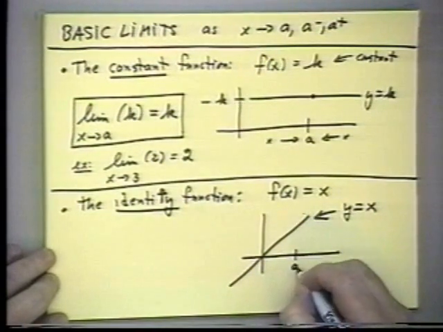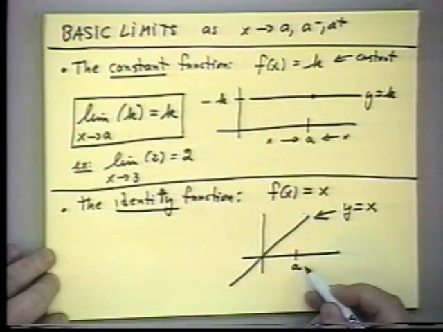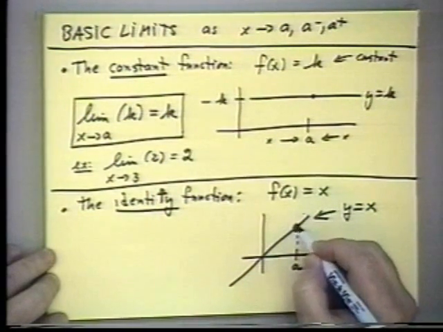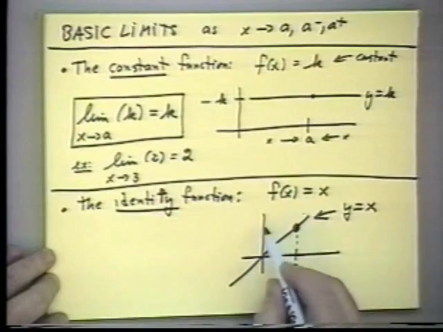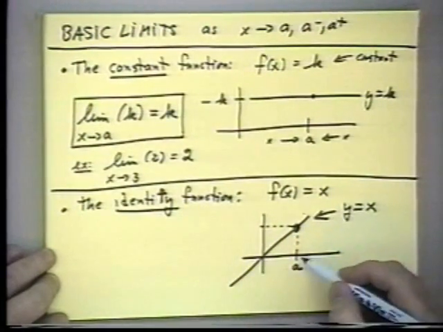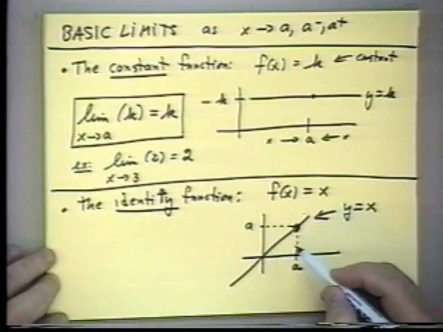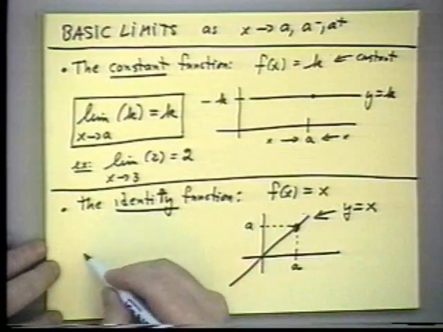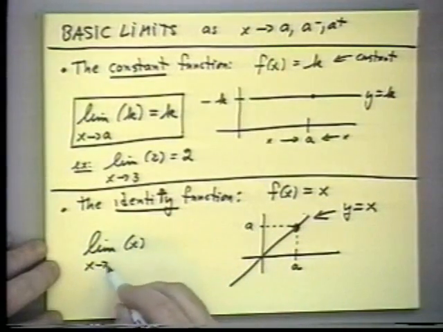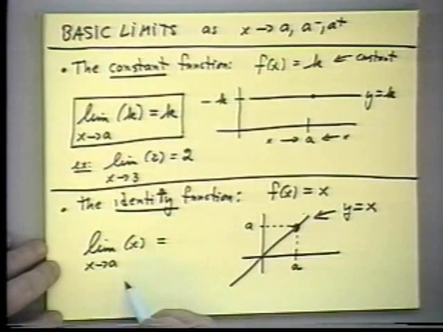And if we are interested now in the limit as x approaches a, then it would seem to be approaching a height of this point. And if we come over here, what is that height? Well, the y and the x values are the same, so this height is the height a. That is the reason why we write down in symbols the limit as x approaches a of x equals a.